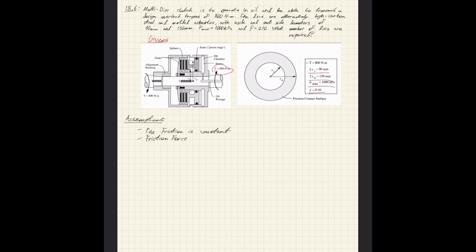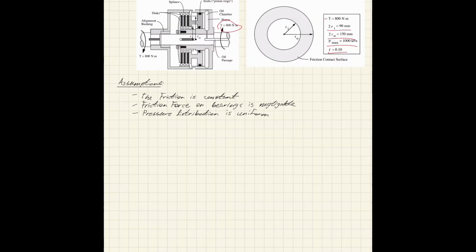Let's also assume that the friction force on bearings is negligible. And lastly, let's assume that pressure distribution is uniform. Okay, great. So now we can get on to solving this question.